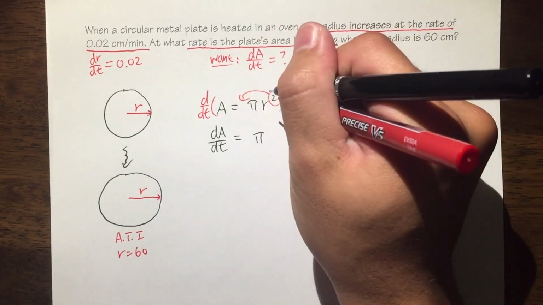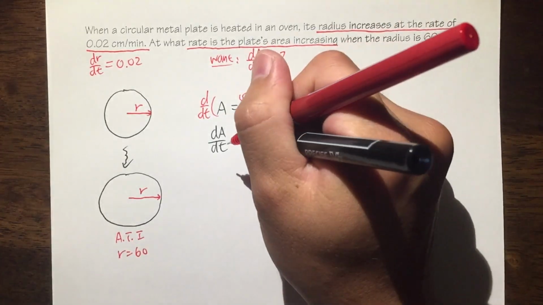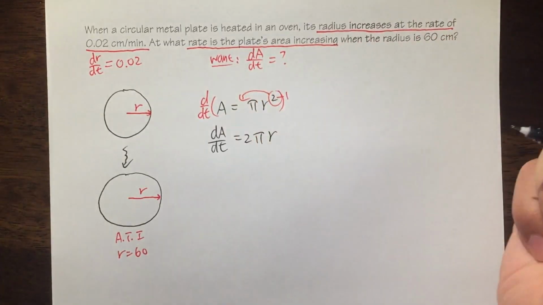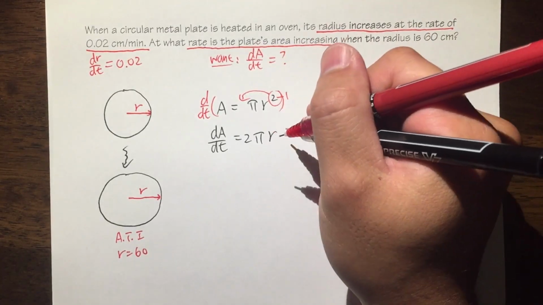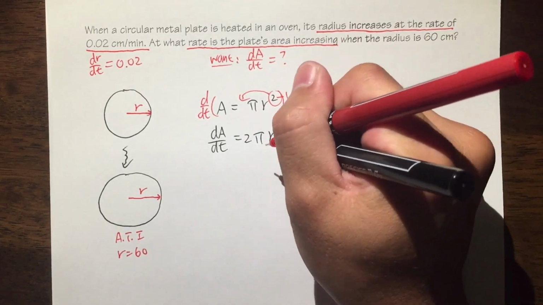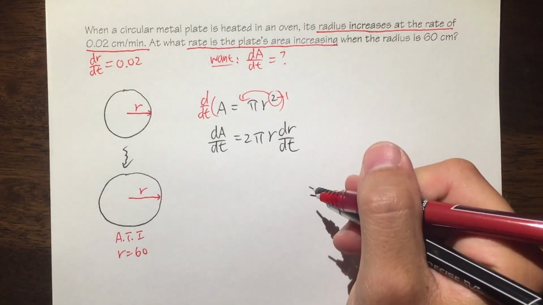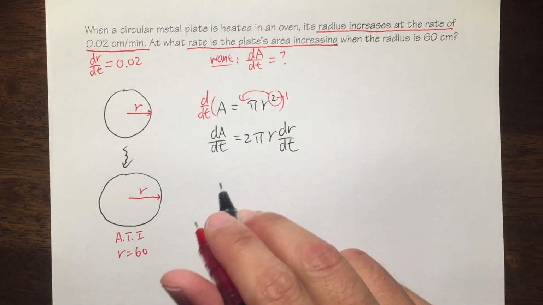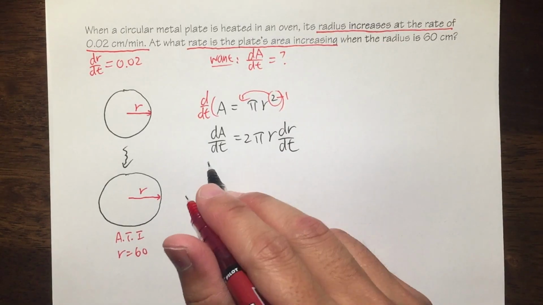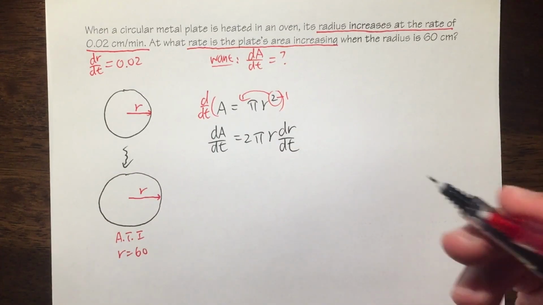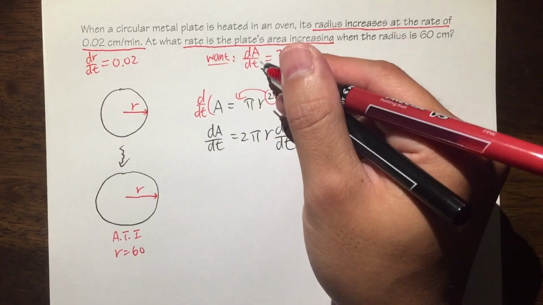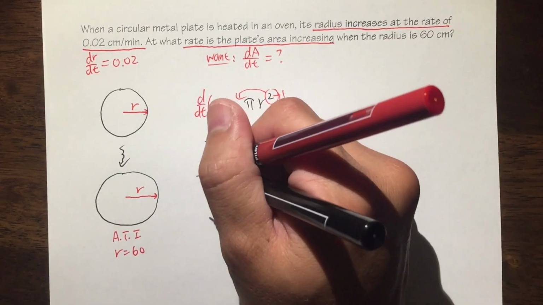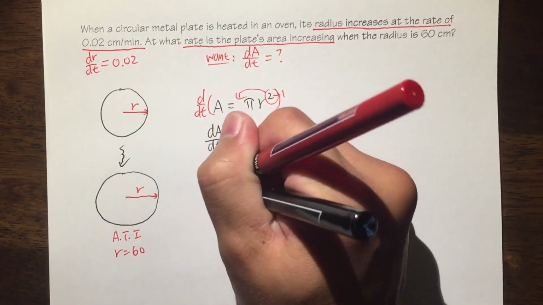Let me bring the 2 to the front, minus 1. So we will have first the 2r like this, and then because r is a function of time and we use the chain rule, we multiply by dr/dt like this. And now we have this equation relating the rates. That's why it's called related rates. Anyway, now we're trying to find out dA/dt, so I'll just keep this.